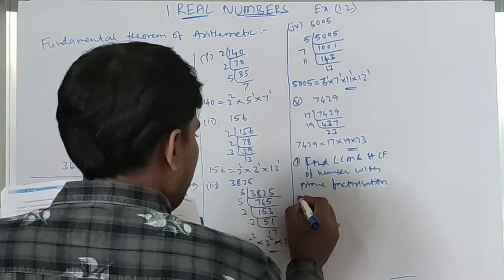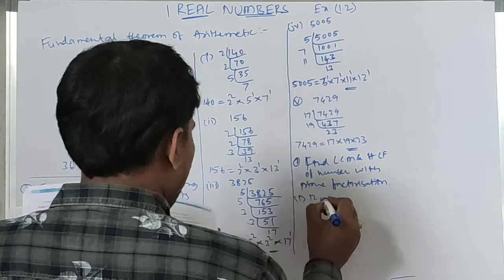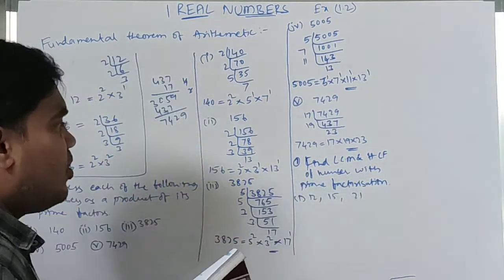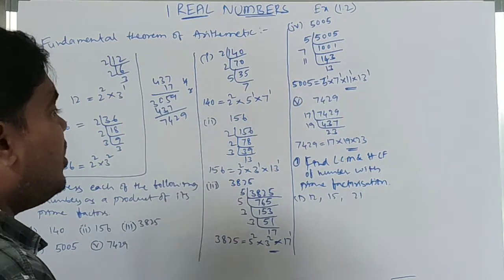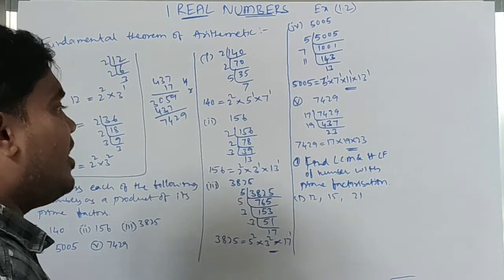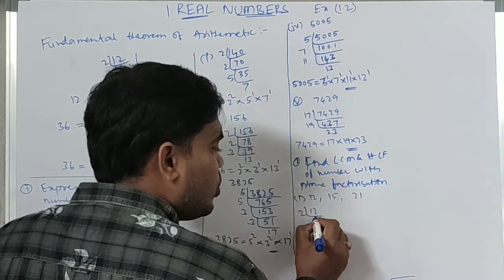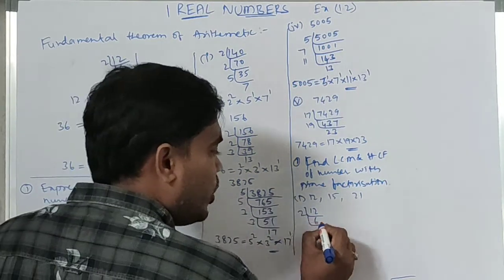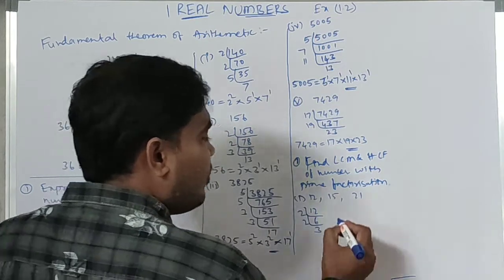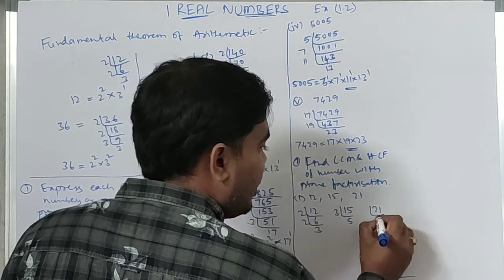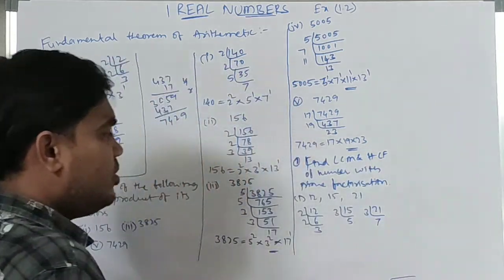So first one: 12, 15, 21. I want to do this with the prime factorization method. 12: 2 into 6, 12, 2 into 3. 15: 3 into 5. 21: 3 into 7.